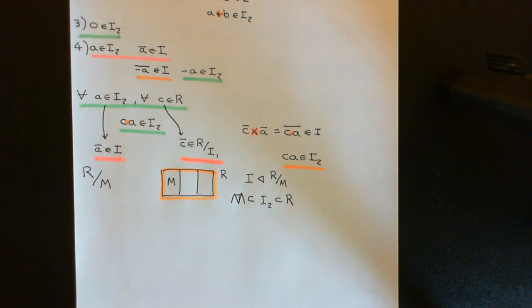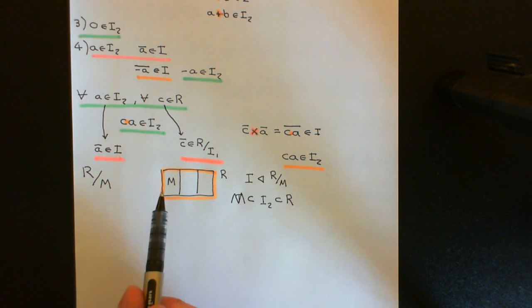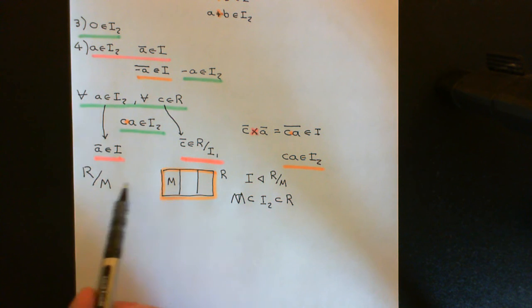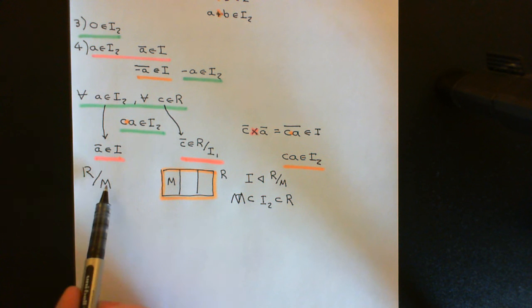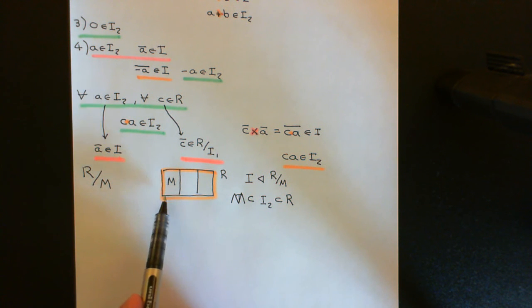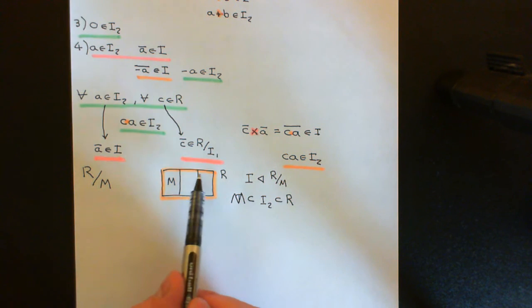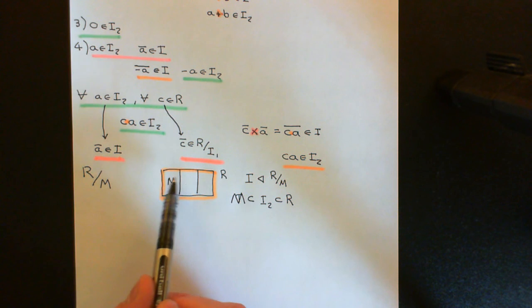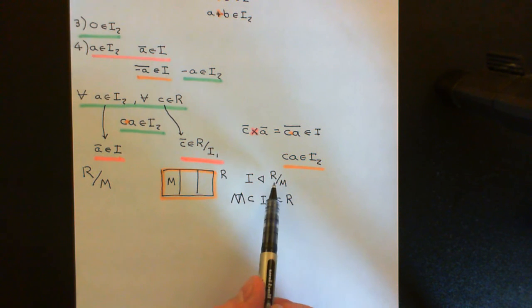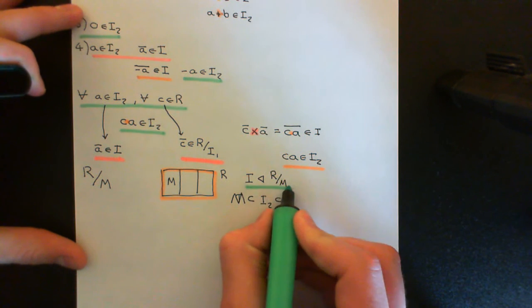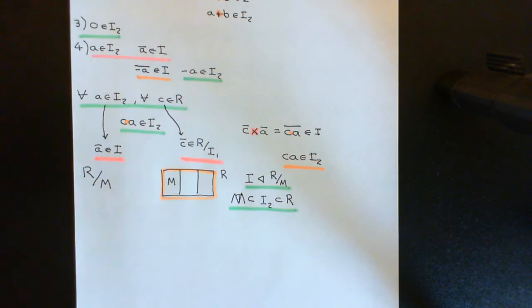And just to nail this point in, I'll point out once again that the 0 ideal will correspond to the ideal in R, which is the maximum ideal. Okay, so the maximum ideal in R, this ideal M here, that will correspond to the 0 ideal in the quotient ring, and the entire ring, the unit ideal of R here, which contains M, that will correspond to the unit ideal in the quotient ring, but there can't be any others, otherwise it would contradict M being a maximal ideal.